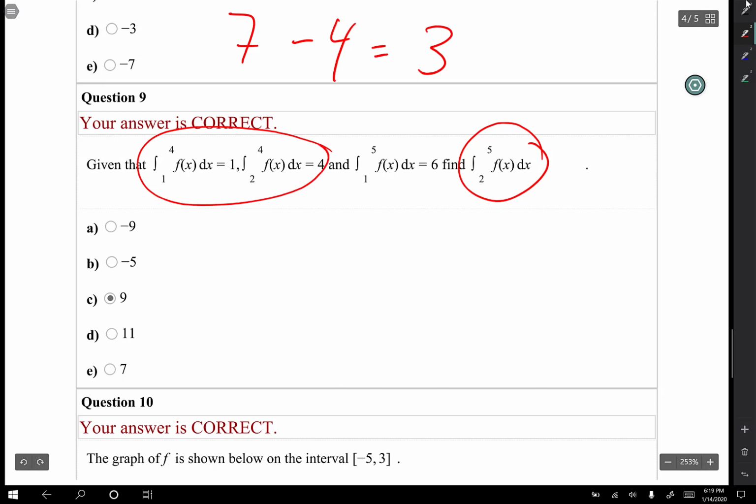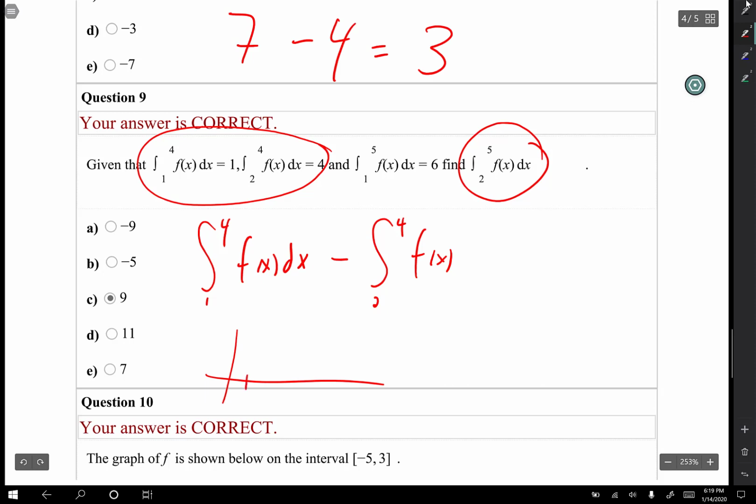So if I have the region from 1 to 4 of f of x, and I delete the region from 2 to 4, let's see if we can do a little visual here. So if I have 1 to 4, I have all of this, and if I delete, here's 2, if I delete 2 to 4, I'm going to be left with the area from 1 to 2.